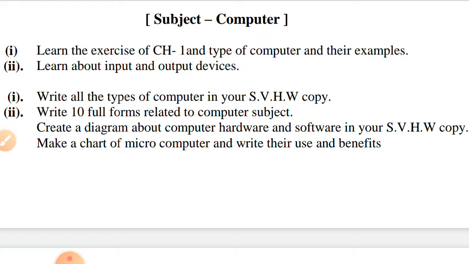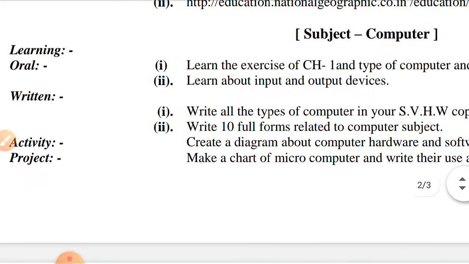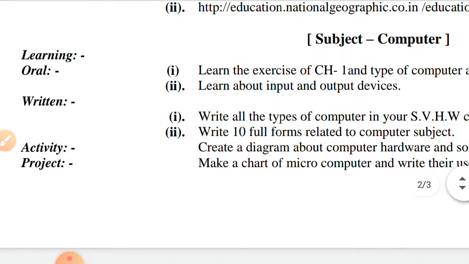Today we will talk about SPSW. Students, there are 4 sections in your SPSW. First is learning oral, second is written, third is activity, and fourth is project.